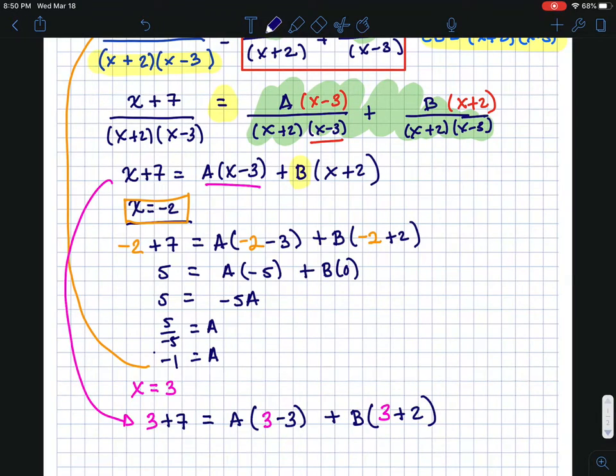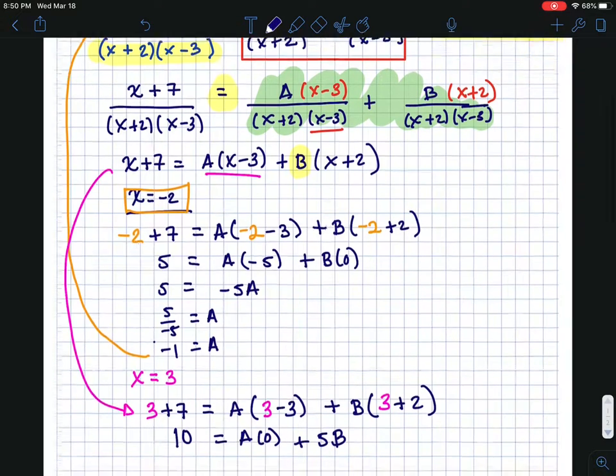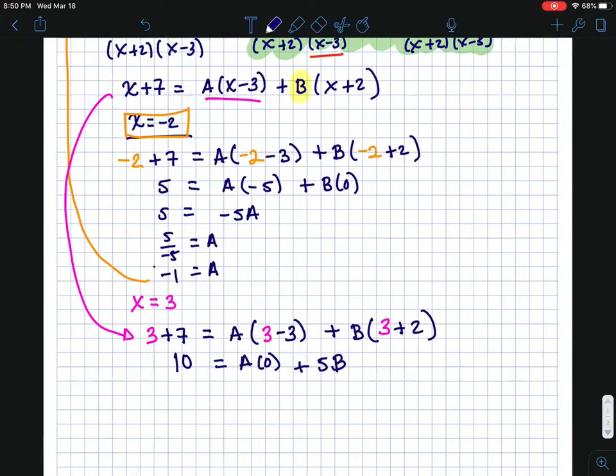Okay. So on the left, we get 10 equals a times 0 plus 5b. Okay, so 10 equals 5b. b is equal to 2.